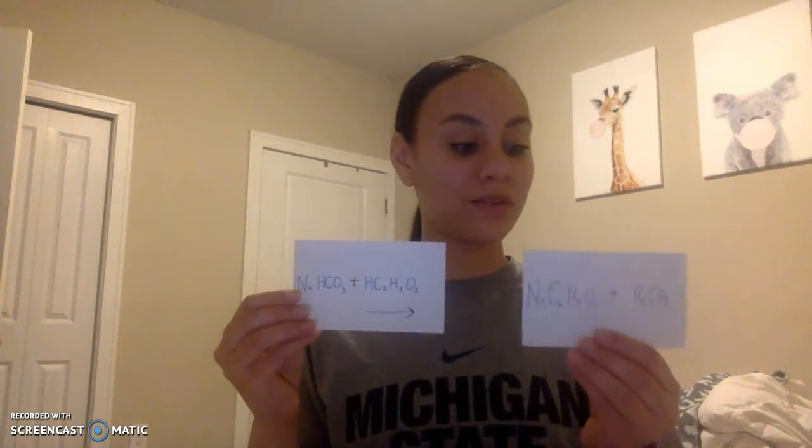So I wrote this down for us. Here we have our baking soda and vinegar. And here we have our sodium acetate and carbonic acid. So this creates this, but it doesn't stop there. Our carbonic acid is very unstable, so it undergoes the decomposition reaction, which I explained at the beginning, where it was two steps.